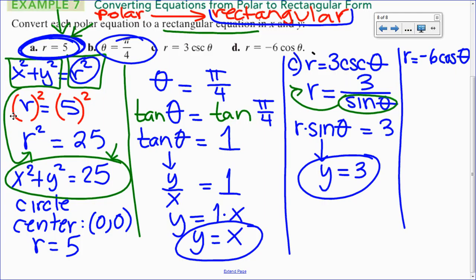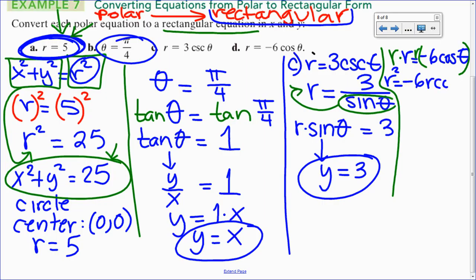I'm going to need a little bit more space. So we're going to multiply by r here and also here. So on the left side, we are going to get r squared. On the right side, we're going to get negative 6r cosine theta.